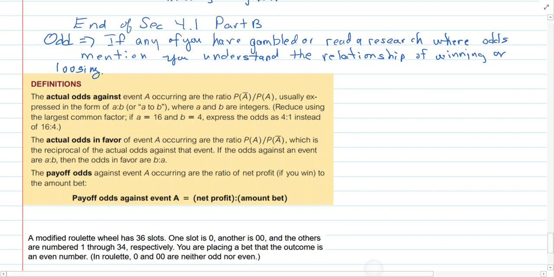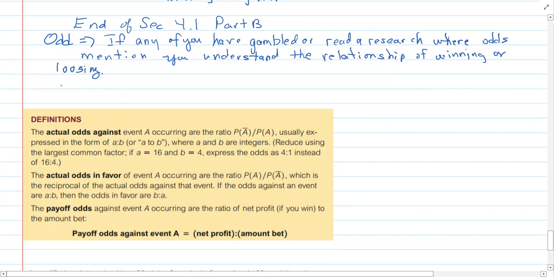We know a ratio is used, never a decimal, because that would be meaningless. And the ratio is reduced to lowest terms.